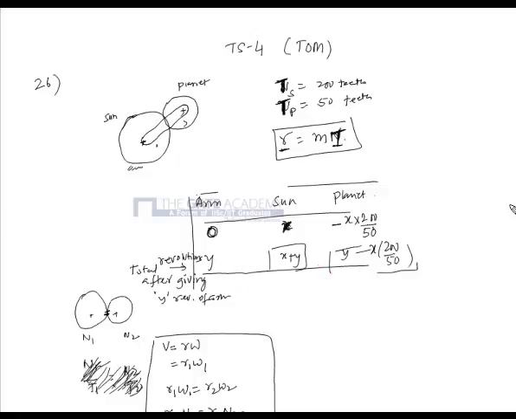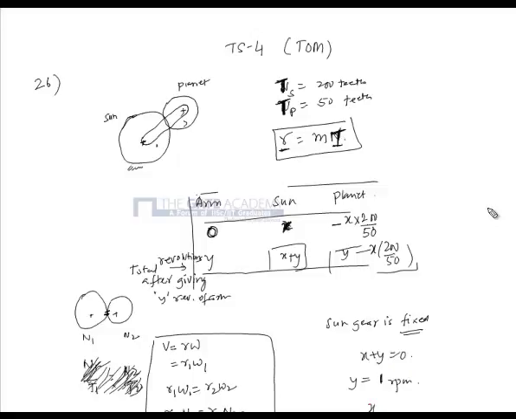Now coming to the fact that the sun gear is fixed, x plus y is equal to 0. And it is said one revolution of arm, so the rpm of the arm is 1, that is y is 1.